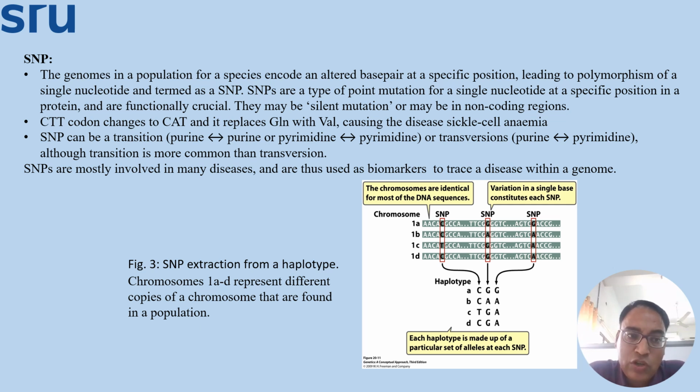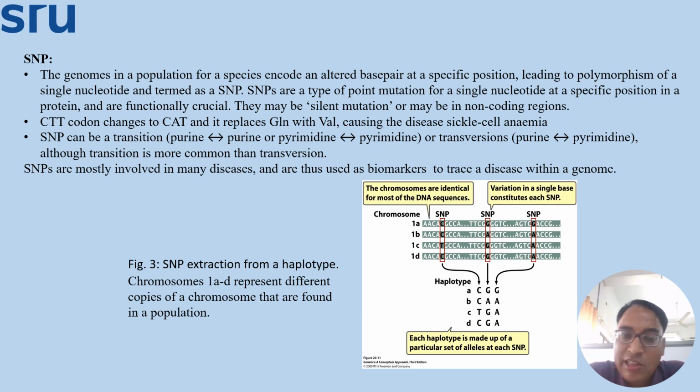So SNPs can be a transition, like purine to purine. A and G are termed purines, C and T are termed pyrimidines. So either it can be a change of purine to purine, pyrimidine to pyrimidine, or a transversion, that is purine to pyrimidine or vice versa.